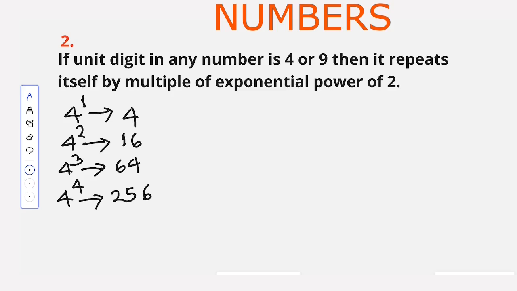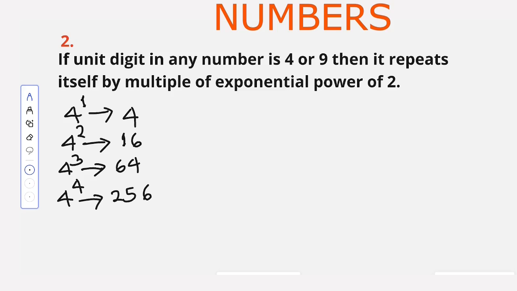After the increase in power by 2, when it was 1, then it became 3, and the ones place remains the same. And when the power was 2, the ones place was 6 in 16, and after an additional 2 in power, 2 plus 2 is 4, 4 to the power 4 is 256 and the ones place is 6.